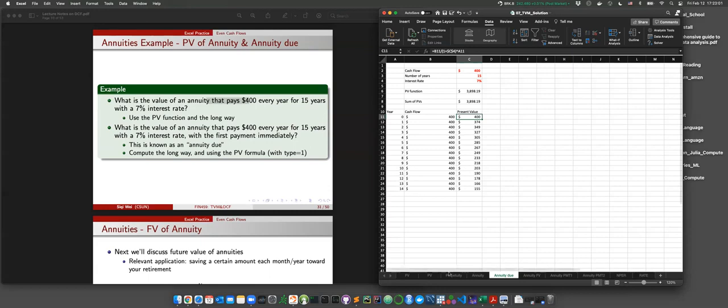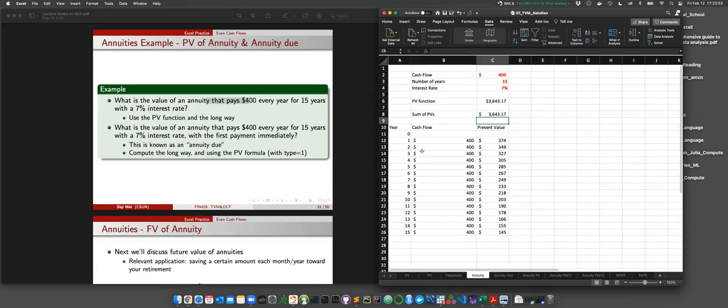Notice that on this timeline, in the previous example, I intentionally left the zero period blank, because every single cash flow occurs at the end of each period, which is the definition of an ordinary annuity problem. So for an ordinary annuity, each cash flow occurs at the end of each period.